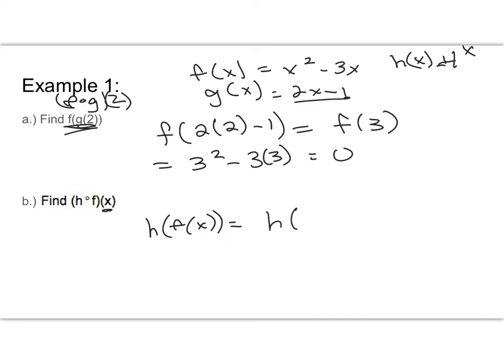H of f of x is x squared minus 3x. So everywhere up here, everywhere I had a 3, I plugged it in for x. Well, everywhere I have an x, I'm going to plug in x squared minus 3x. So I have 4 to the x. This is my new x value, so it's 4 to the x squared minus 3x.